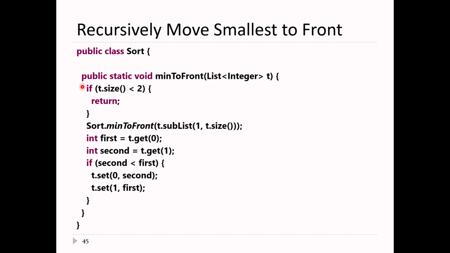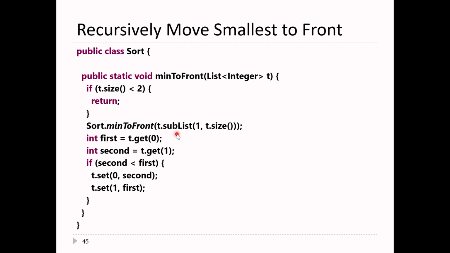So ignore the base case. First step, recursively find the smallest element in the list, not including the first element. So the smallest element in the rest of the list I can find recursively by using min to front. Now what list do I want to pass in? Well, I want to pass in the list that does not include the first element of the list.